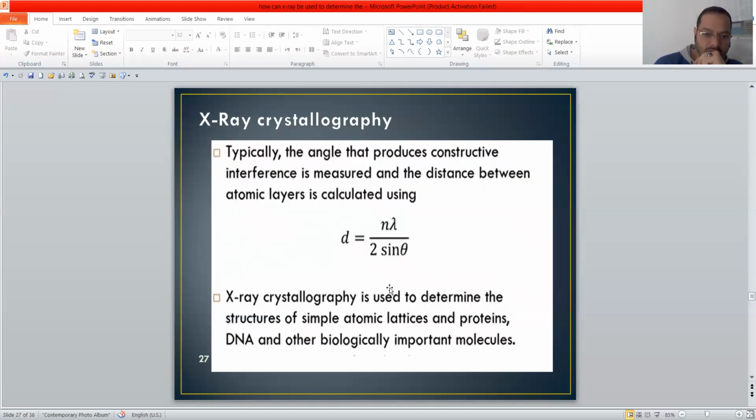X-ray crystallography is used to determine the structure of simple atomic lattices and proteins. Like I said before, not just crystalline structure, but we can use this technique to investigate proteins, DNA and other biologically important molecules, because this X-ray does not just deal with atoms, but with molecules.